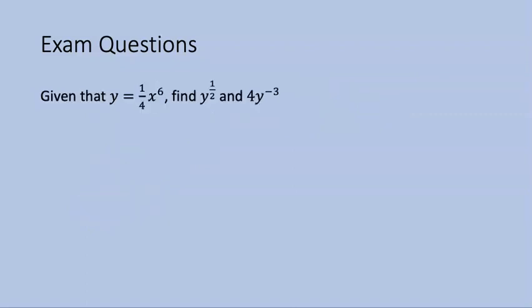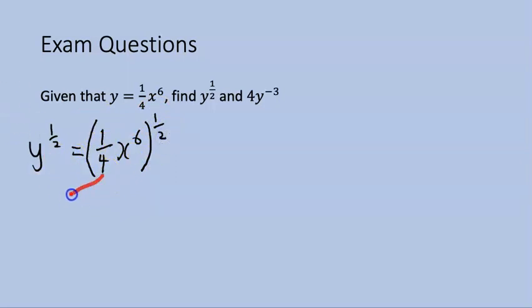Okay, now I'm going to deal with this: given that y is equal to a quarter times x to the 6, what's y to the half, and 4y to the minus 3? So y to the half gives me a quarter of x to the 6, all taken to the half. Now I'm going to split it up. I'm going to deal with the quarter first. A quarter taken to the power of half means it's the square root.